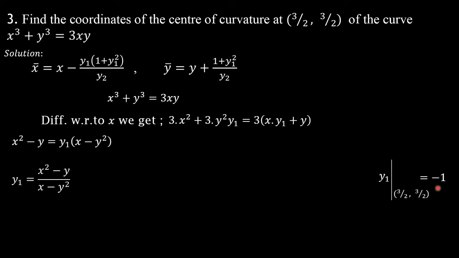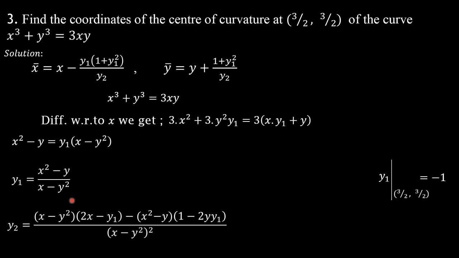Now let me compute the value of y2 at the given point. Differentiating the above with respect to x, I am applying the quotient rule. y2 is equal to denominator into differentiation of numerator.